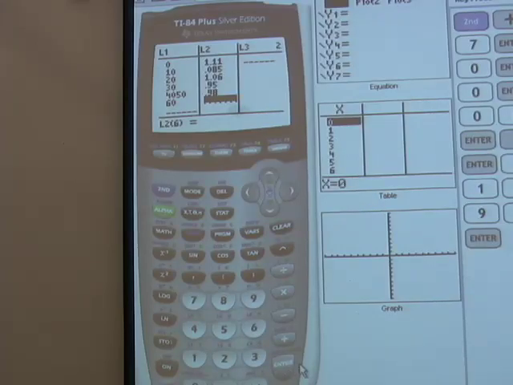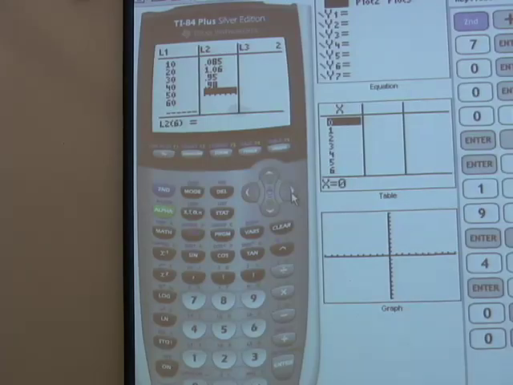The next value is 0.89 and enter, and the last value is 0.9. Enter. Now you have 2 lists in the calculator called L1 and L2.